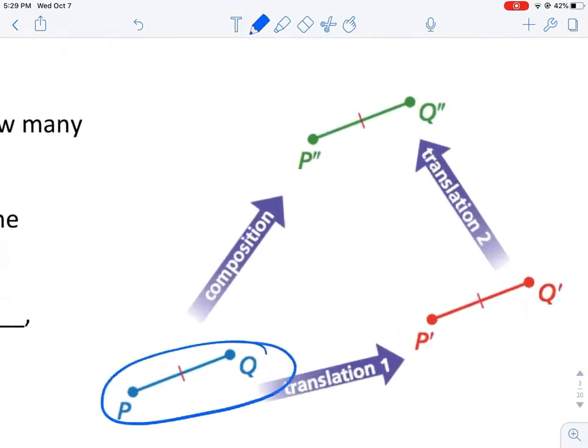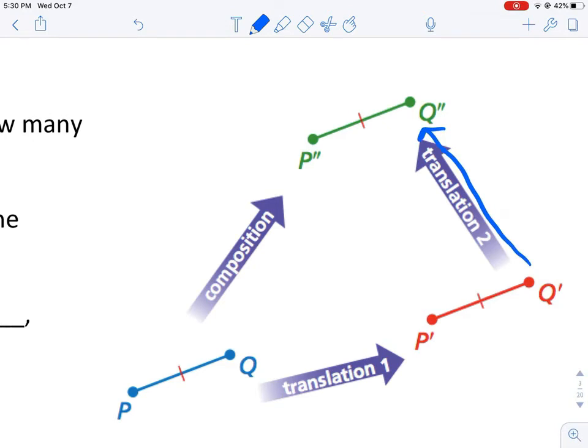Here it tells us this blue pre-image is translated. It's moved along the vector and becomes this red image. And then someone decided, let's move that red figure again. So they used another vector and moved it. And now we have a green segment. You can see there it's P double prime, Q double prime.